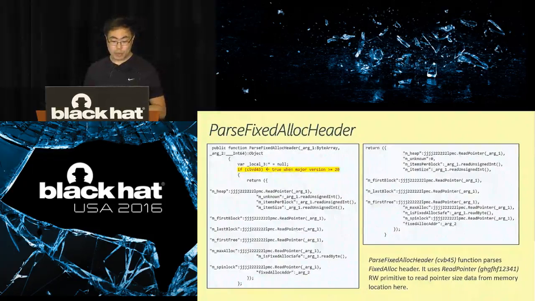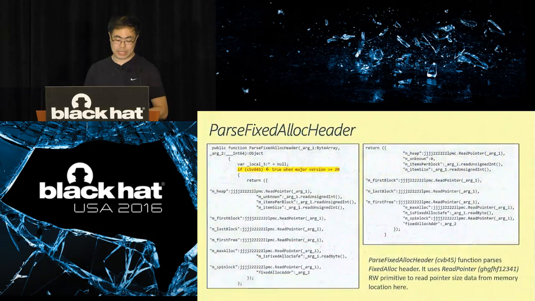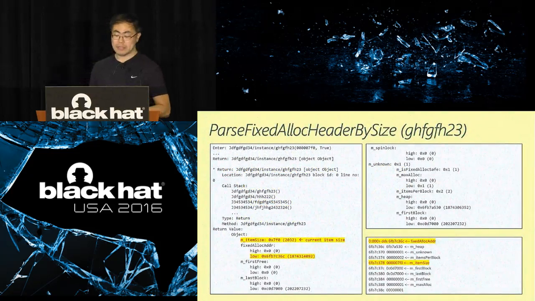The exploit code even uses the same symbol names, like m_firstBlock, which appear in the source code. So when you call parseFixedAllocHeaderBySize and pass the size of a specific object, it will return the actual memory address of that FixedAlloc structure.